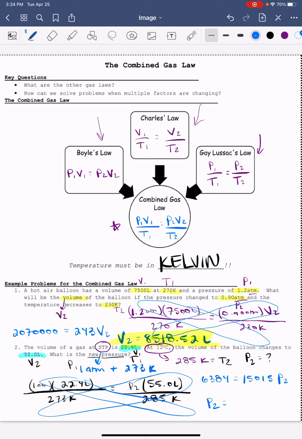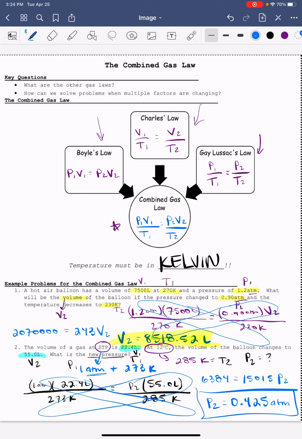So to solve for my P2, I need to divide. I'm going to get 0.425, and then let's see, my original pressure was in atmospheres, so this will be in atmospheres as well.